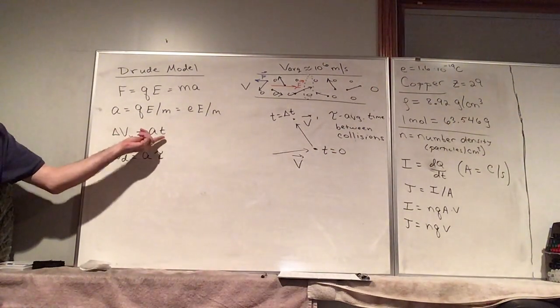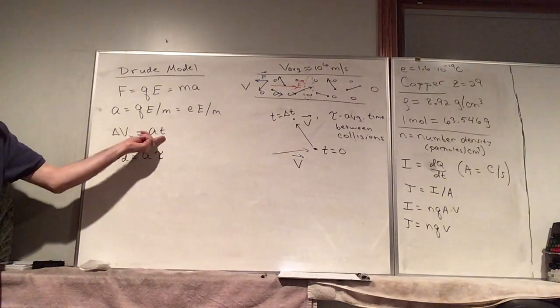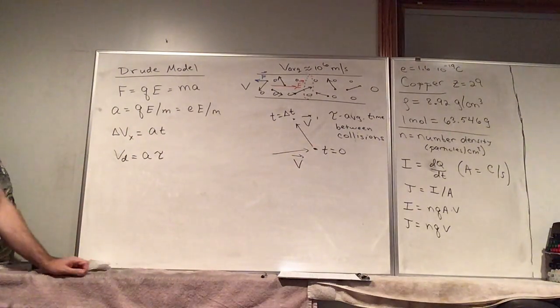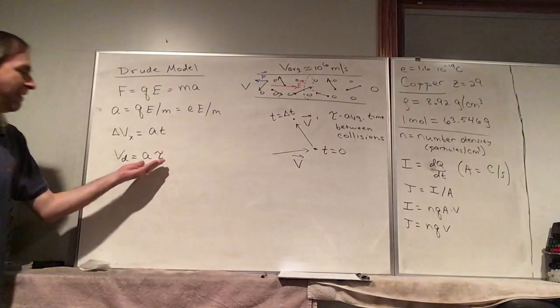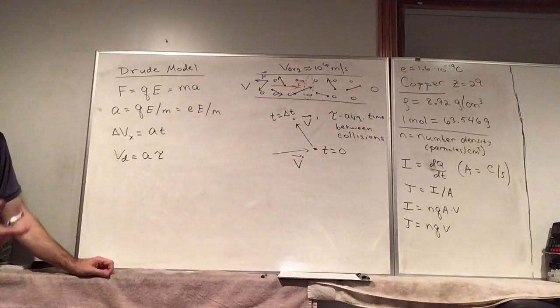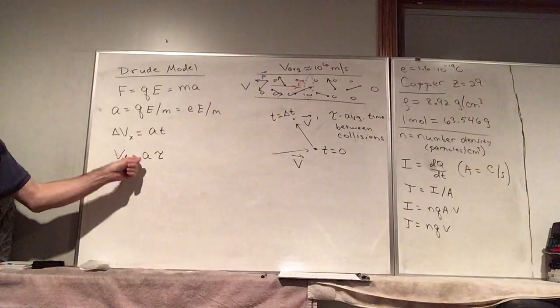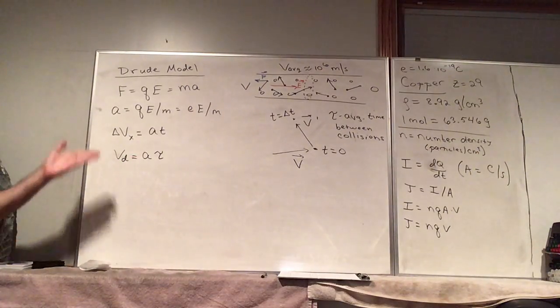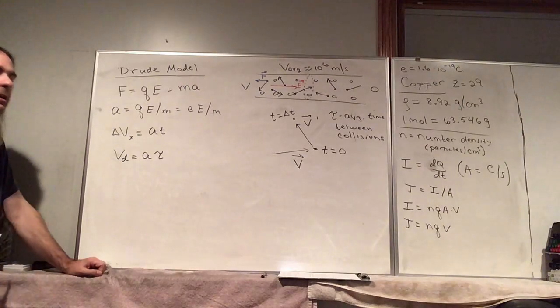So delta v, the final velocity, will be just a times t greater than the initial velocity. So it's accelerating the whole way, and this a times t is like the final change in velocity between starting and ending. So we might think there should be a 1/2 here. But that's not the case because we have to look at the entire gas.